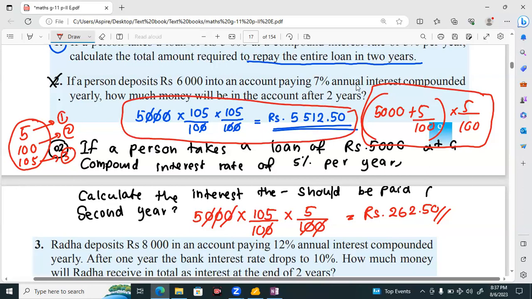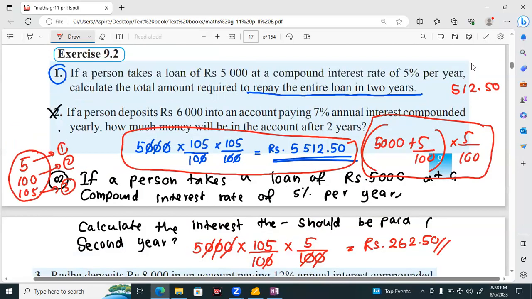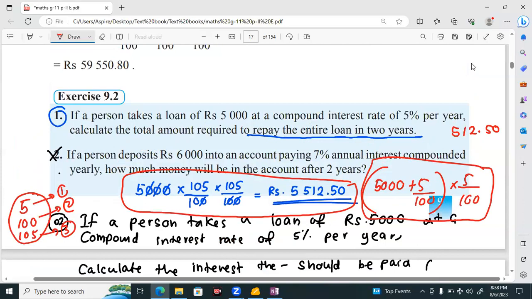Now here the total we have got, the total we have to pay, is 512.50. Now if we calculate the interest for the first year, it is 5 upon 100 times 5,000.